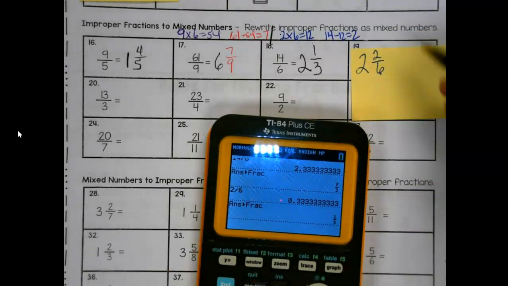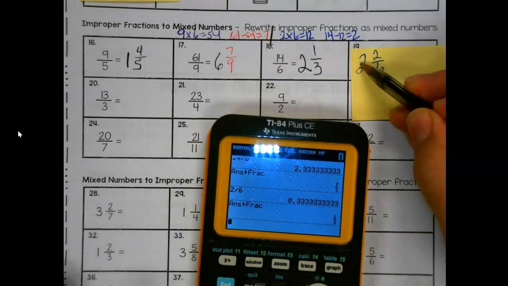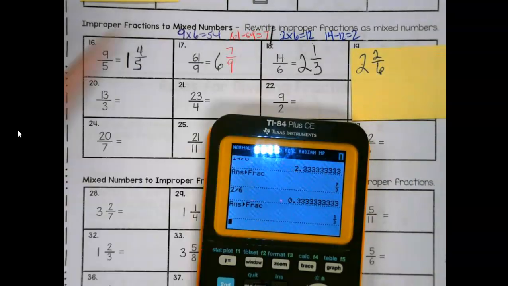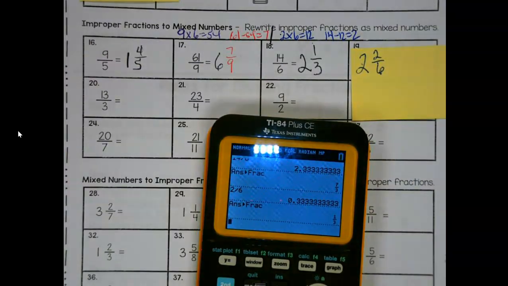So, yeah, 6 times 2 is 12. Plus 2 is 14. Now, you're like, but wait, why did I get a different answer then? Or did I? Are these kind of the same thing? Yeah. They're 2 6ths just reduced to 1/3.